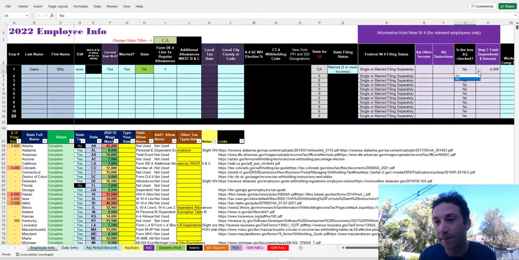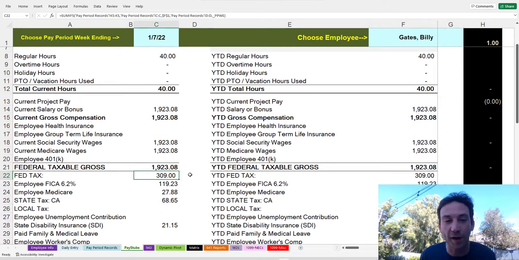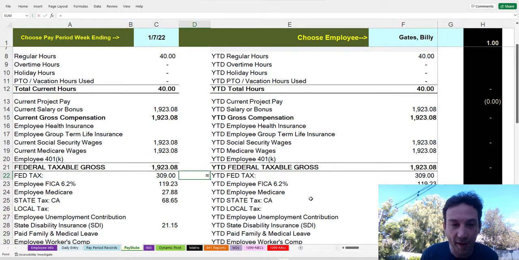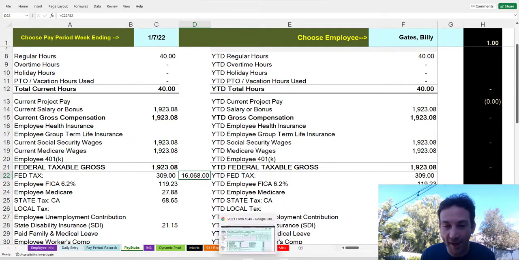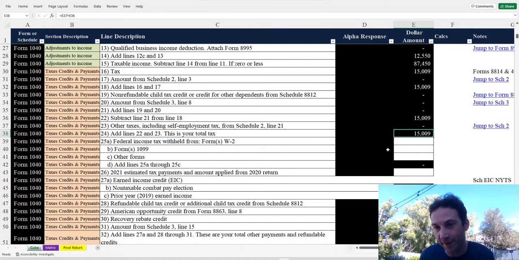If they work 2 jobs, and that's kind of sort of being reflected in their tax return, but we don't see it, guess what happens to the withholding? Let's look at the withholding. All of a sudden, this withholding went up to $309 now. And if we multiply that times 52, all of a sudden now we're at $16,068. And what did we owe for the year? $15,000, right?